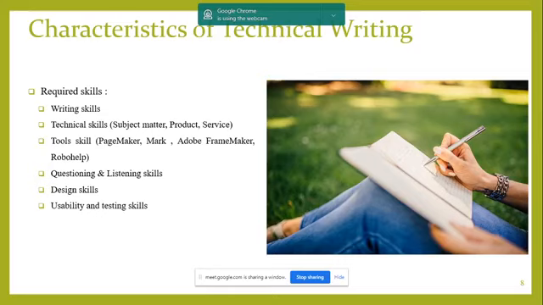Usability and testing skills: as a reader, when you are writing your paper, think of a reader. The reader has to repeat your test in case he needs some other information. So be a tester yourself and be a usability tester. Try to do the experiment and then put those experiments in the paper.